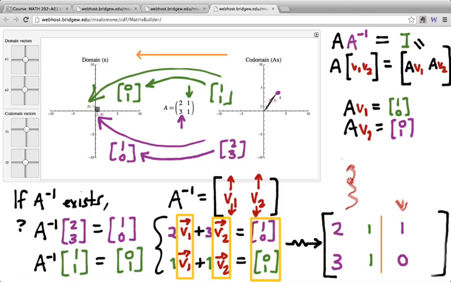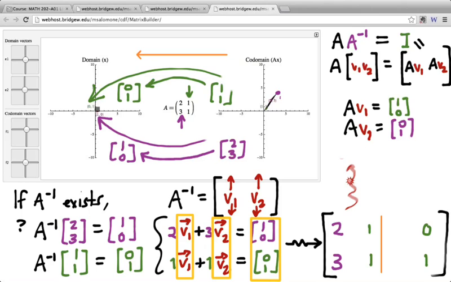So in other words, in order to solve that second system, I would need to solve this augmented matrix. But it's the same matrix on the left, it's just a different vector on the right.